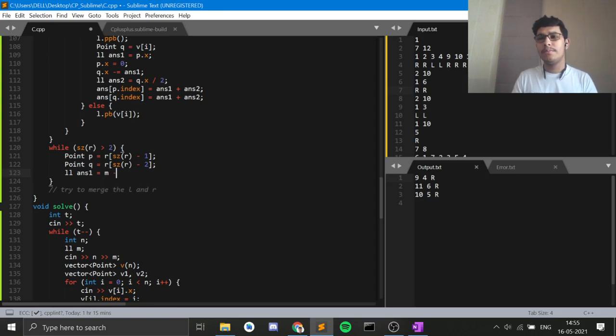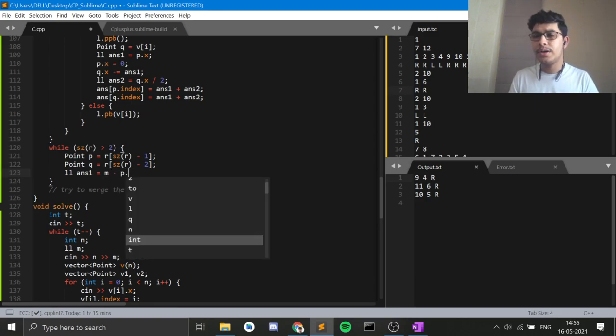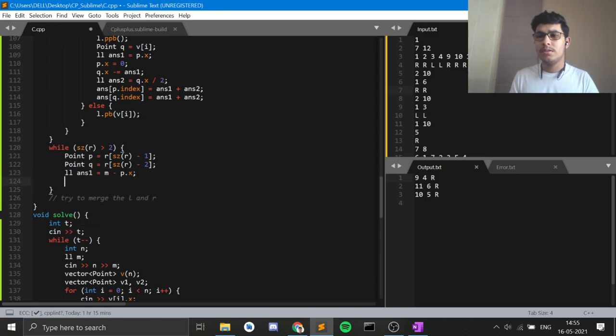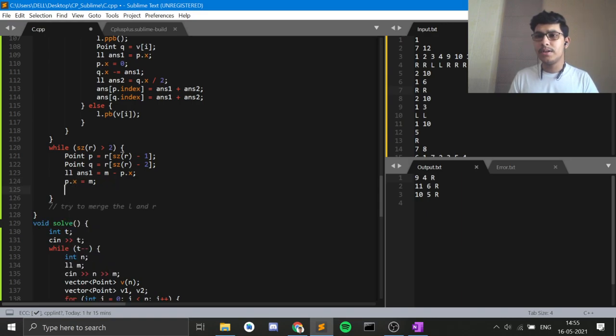Answer 1 equals M minus P dot X, and P dot X equals M. Q dot X plus equals M. Sorry, it should be answer 1.